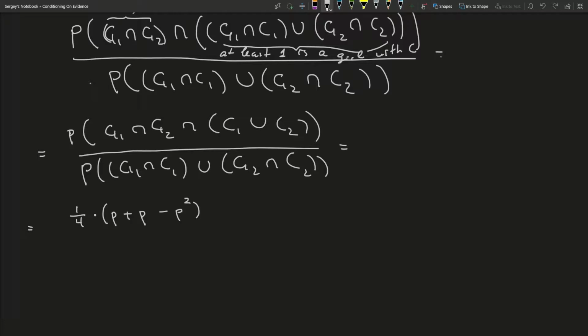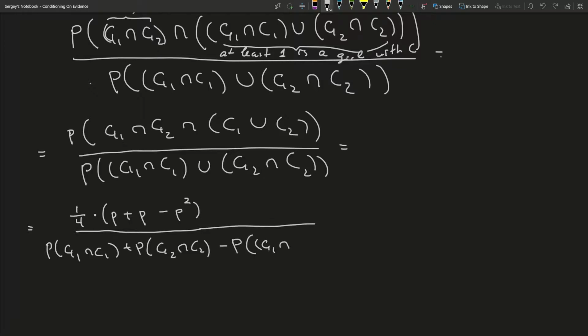So knowing that the first child has characteristic C tells us nothing about whether the second child has characteristic C. So we can just multiply those two probabilities, p, to get this p squared.